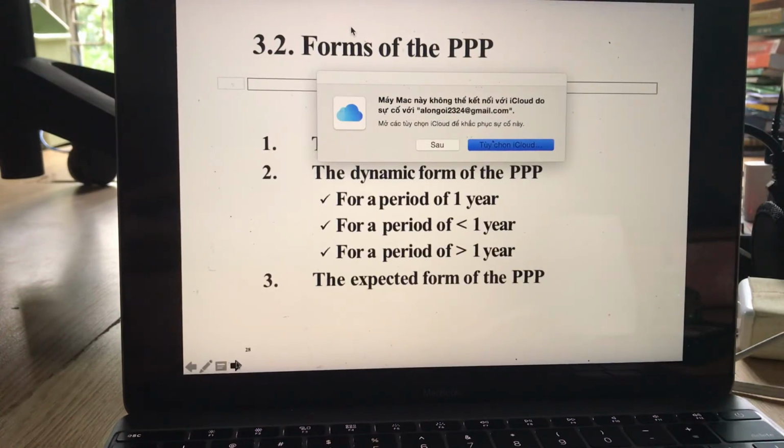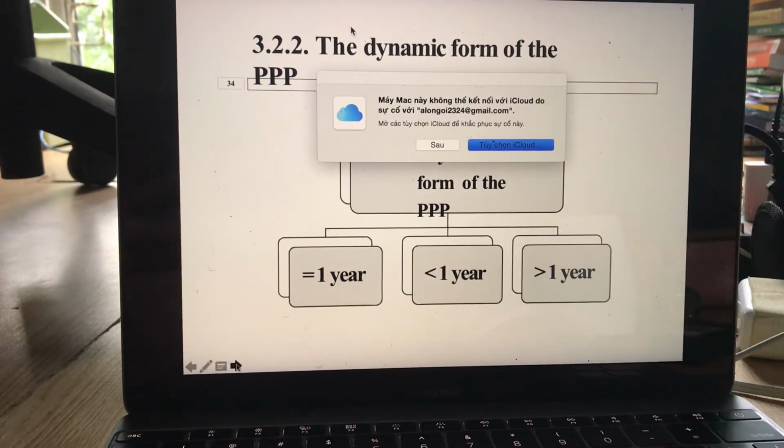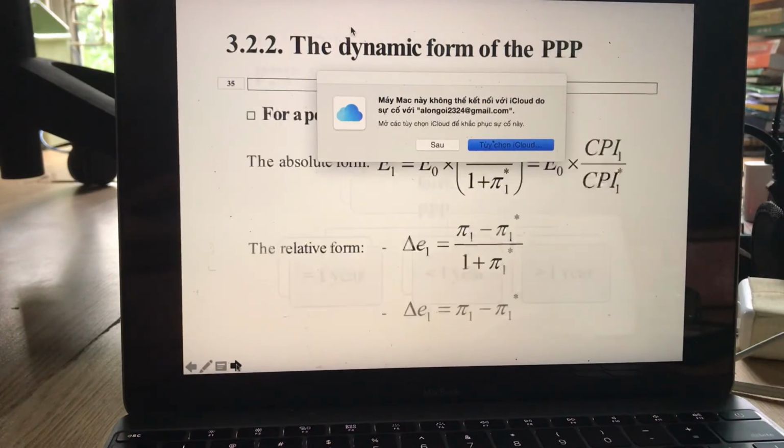The second form is the dynamic form. We have the dynamic form for one year, less than one year, and greater than one year. Let's speak on the dynamic form for one year, where we have the absolute form and the relative form.